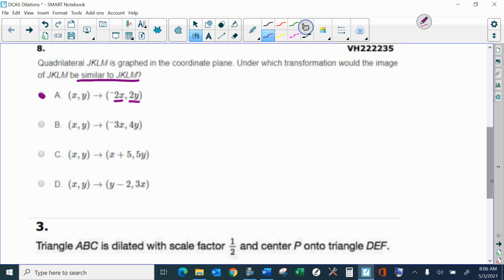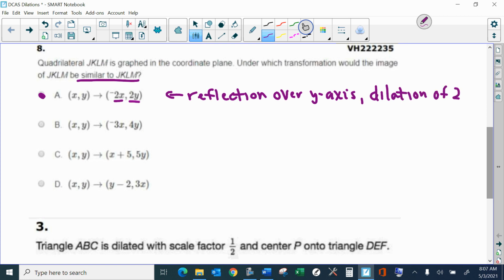So that's a reflection over the y-axis, which makes the x-coordinate negative, and a dilation with scale factor of 2. Okay, that's what that is.